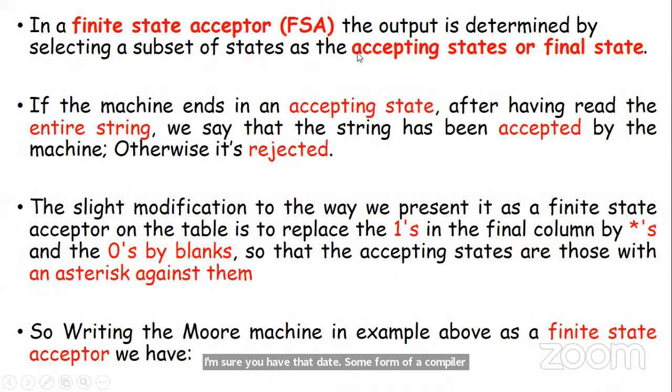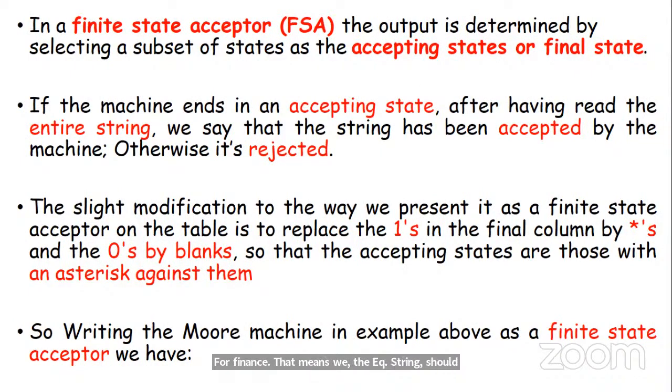So in a finite state acceptor, FSA, the output is determined by selecting a subset of states as the accepting state or final state. So you know the concept of accepting state already, or final state. That means where the input string should terminate if it's going to be accepted.